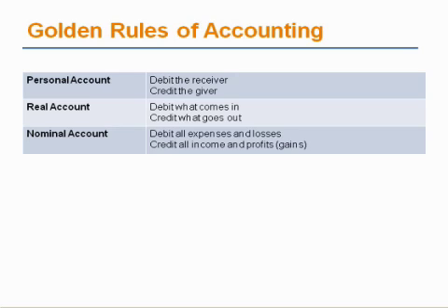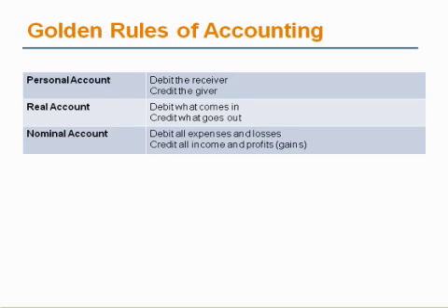Real accounts relate to accounts that are tangible and intangible, such as assets, reserves, capital, and liability, and whose balances are carried over into the next operating cycle. These are often called permanent accounts. The accounting rule for this would be debit what comes in and credit what goes out.